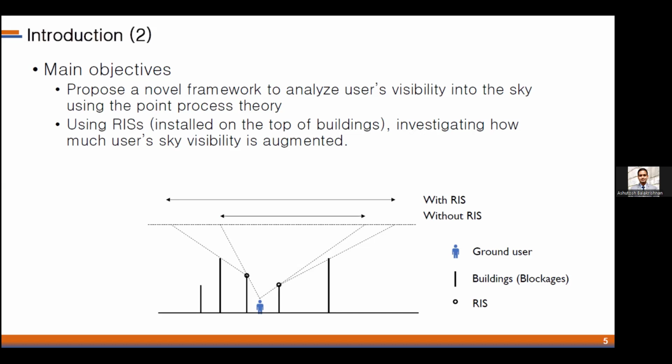The vertical lines, you might think of as buildings, and I installed an RIS here. Without RIS, the LOS visibility at this altitude is only available from here to here, right? But with RIS, this can be extended. So this is the high-level figure for this project.